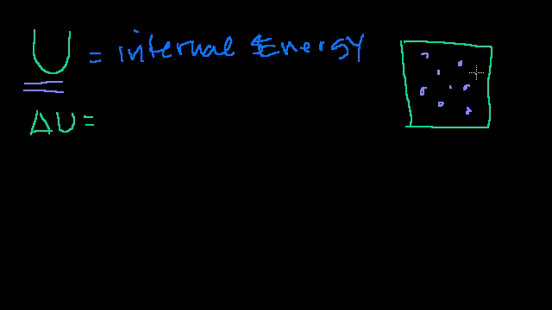But in our simple world, where maybe we're dealing with gases, because that's normally what you deal with in a first-year chemistry course, it's going to be the heat that could be added to the system plus the work done on the system. And like I said in the last video, sometimes they say instead of plus the work done on the system, minus the work that the system does.